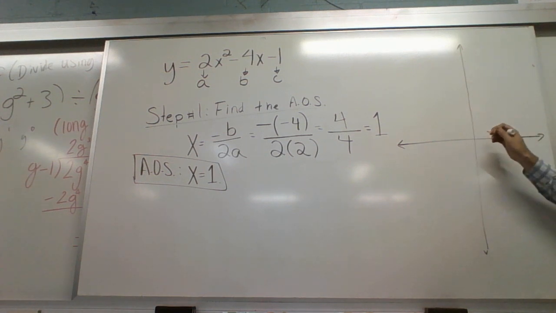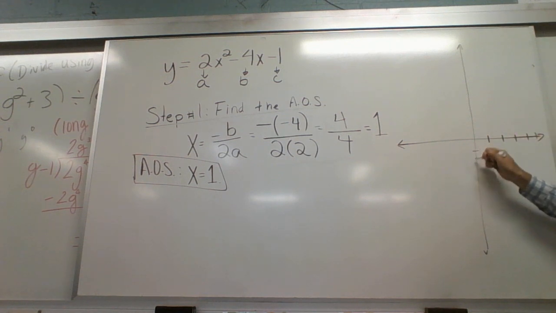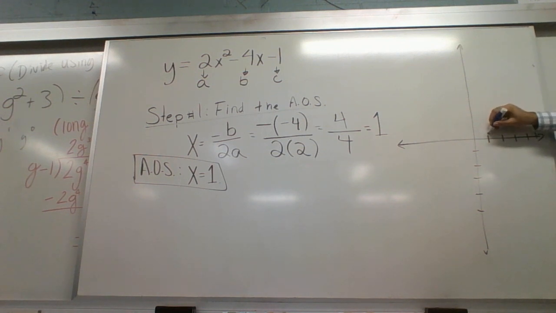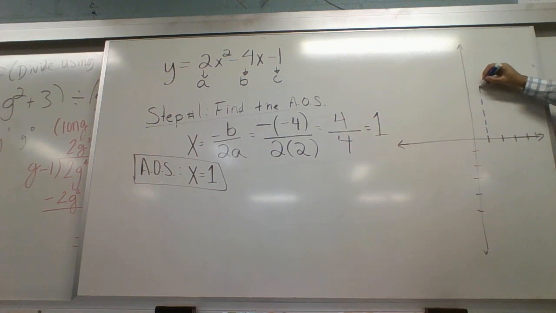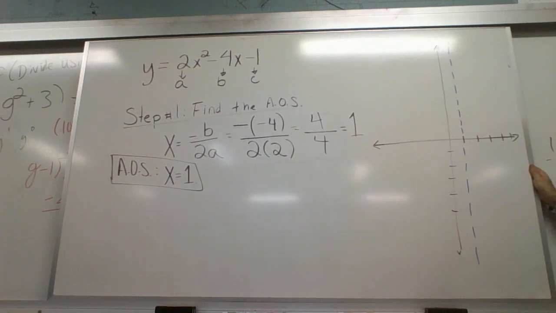I know that I have an axis of symmetry at 1, so 1, 2, 3, 4, 5, -1, 2, 3, 4, 5. So my axis of symmetry is at x equals 1. So here it is. Okay, so we have that nice and clear on my graph.